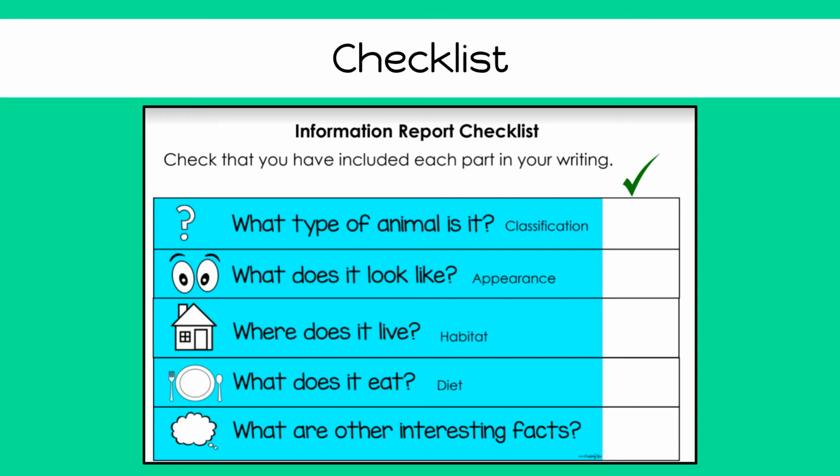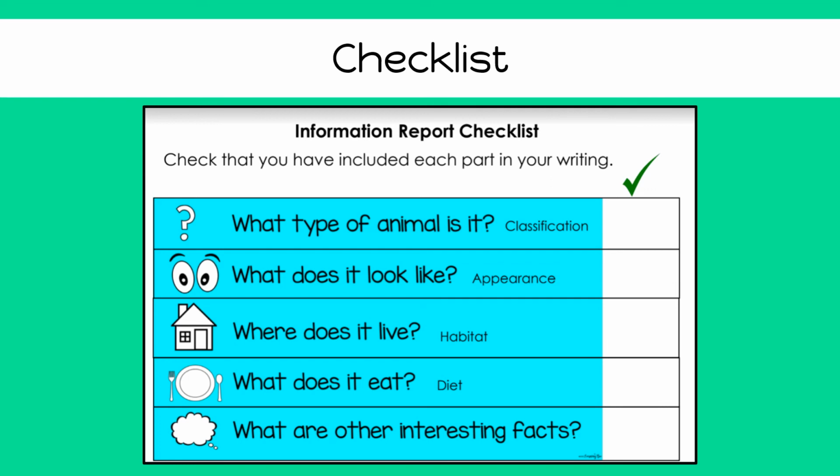So as I've said to you before, we are learning this term how to write an informative text. An information report is an example of an informative text, and we are writing an information report about a lion altogether.